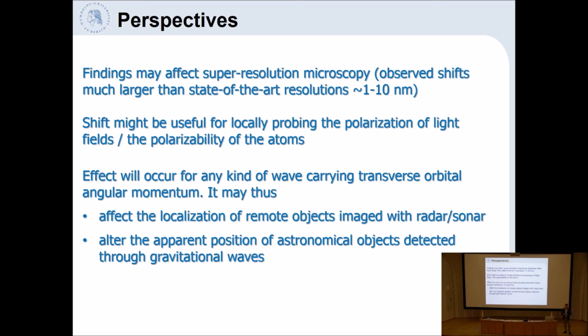Okay, so that means that it may, for example, affect the localization of remote objects which you image with scanning imaging radar or sonar. And it would also alter the apparent position of astronomical objects like binary stars or black hole mergers that you detect through gravitational waves, where now you have optical and gravitational wave signals, and you can nowadays correlate them.